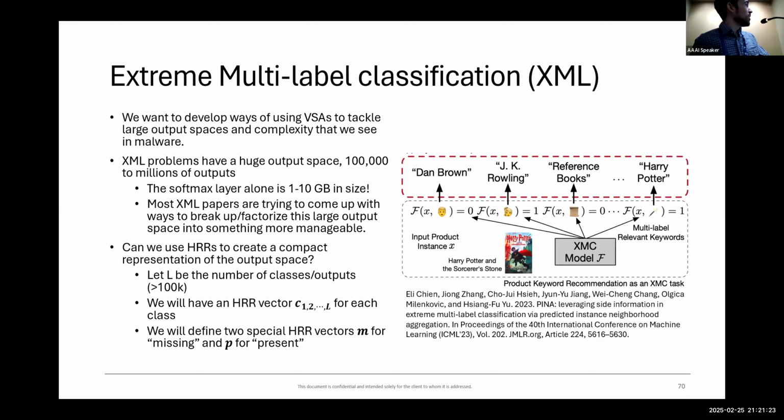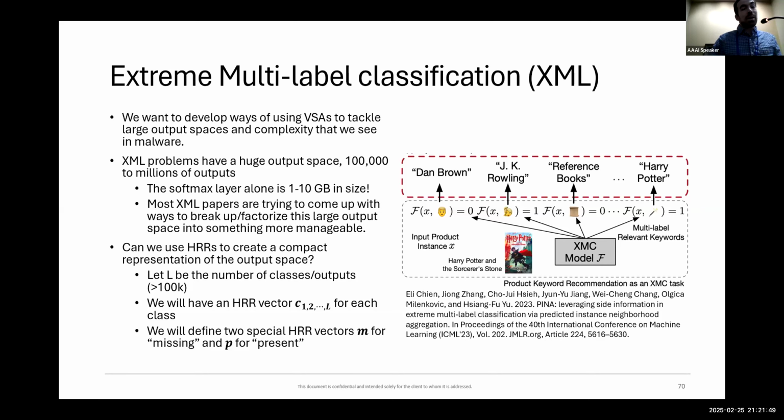And okay, so this is a lovely good task. And what we're going to do is assign every possible class that might be predicted as present its own VSA vector. Those are going to be C1 through CL for L total classes. We're also going to define special vectors to represent the concept of a class being missing and the concept of a class being present.